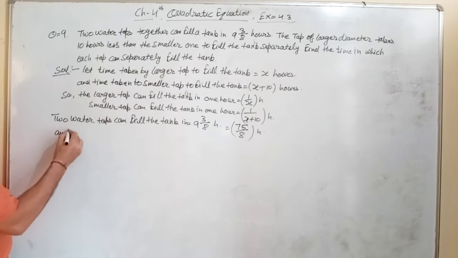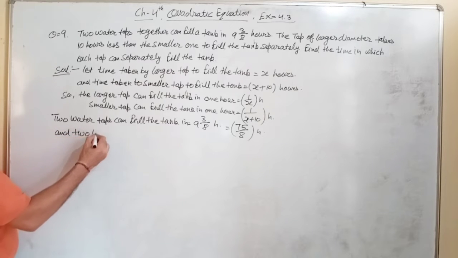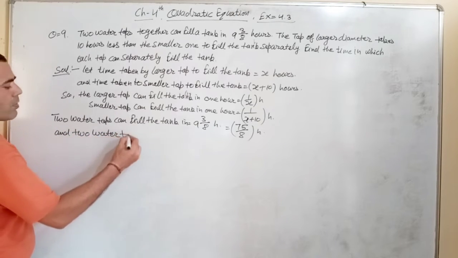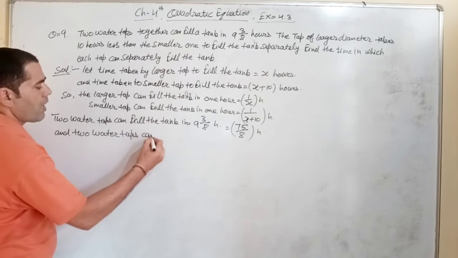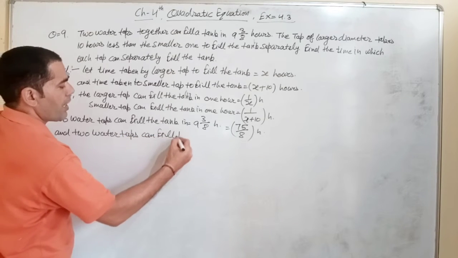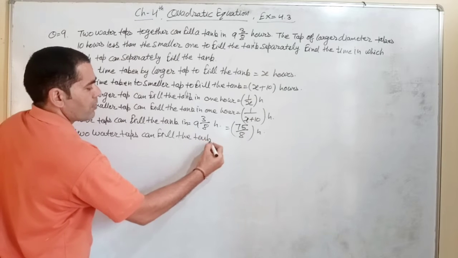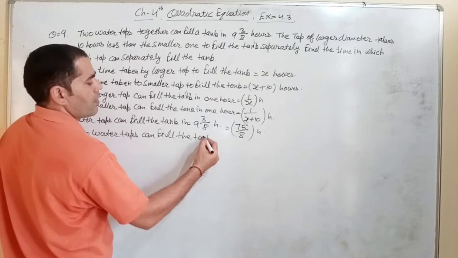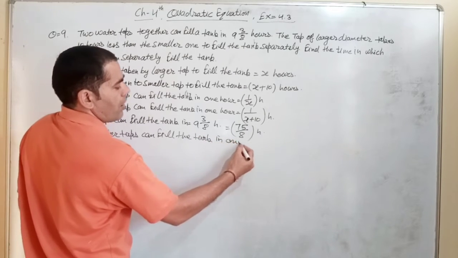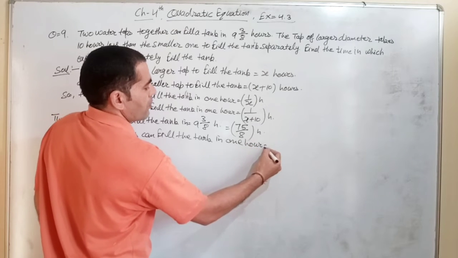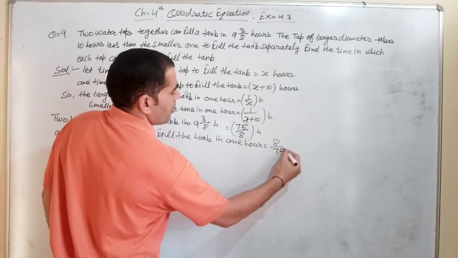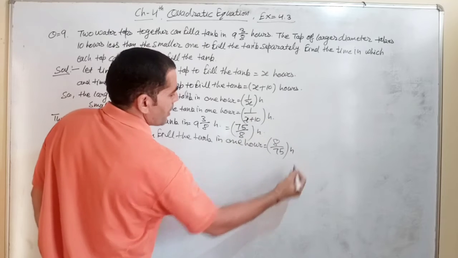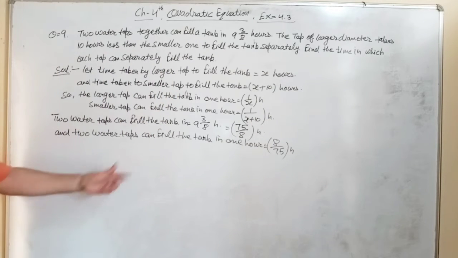And two water taps can fill the tank in 1 hour is the reciprocal, 8 upon 75.